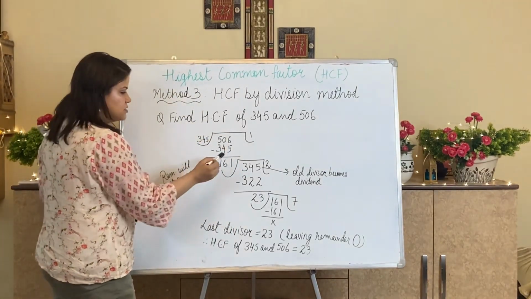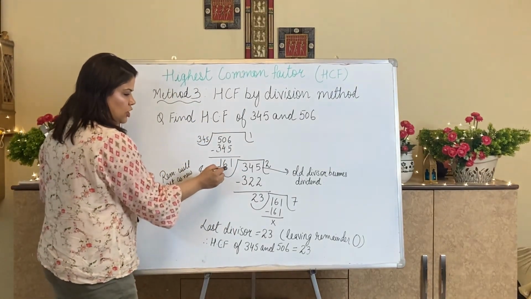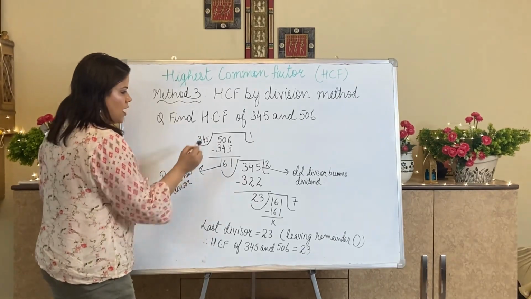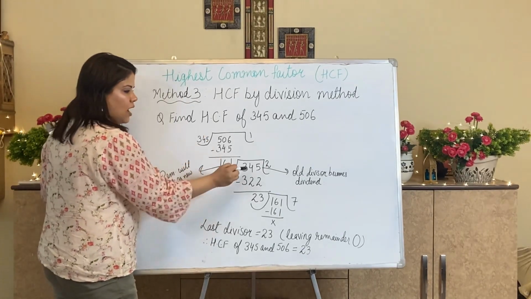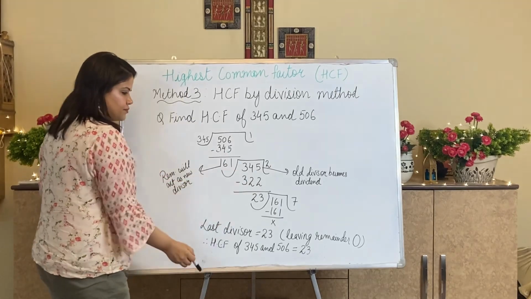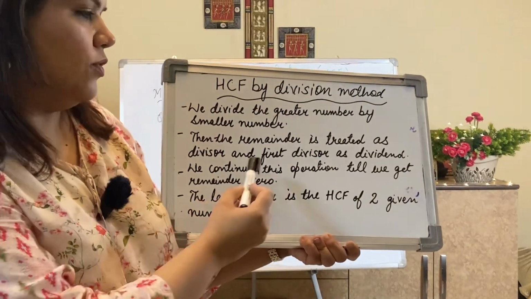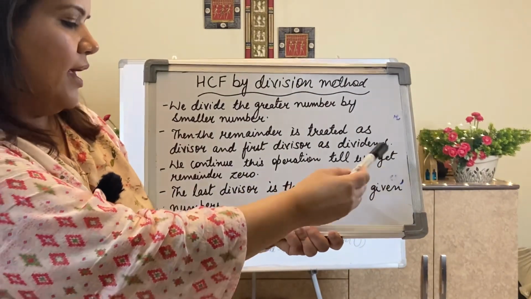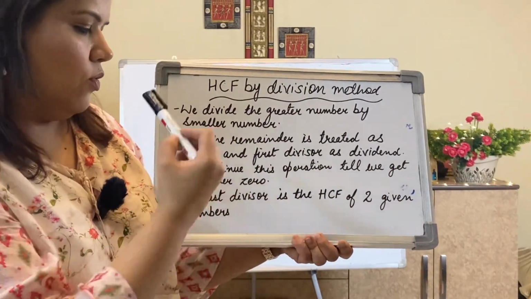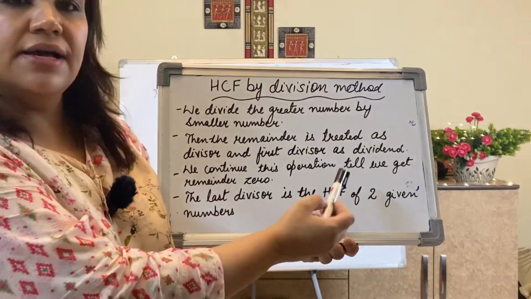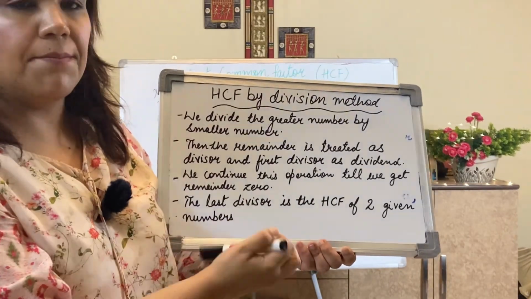After dividing this will become my new divisor and the last divisor will become new dividend. We continue this operation till we get remainder 0. And the last divisor is the HCF of two given numbers.